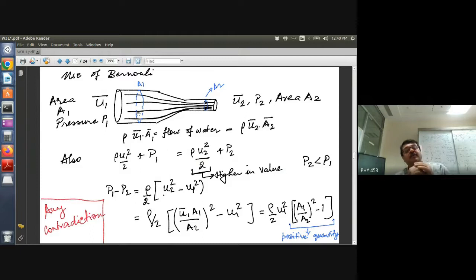And why uniform? Because if you had viscosity, the velocity would be zero at the walls. But if you have inviscid flows, you will have finite velocity at the walls, right? Because it will slip. There's no viscosity, there's no dissipation.